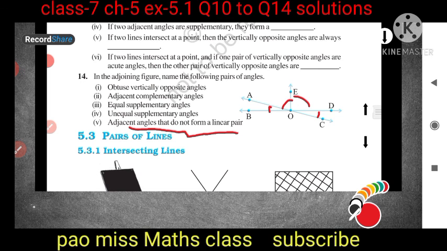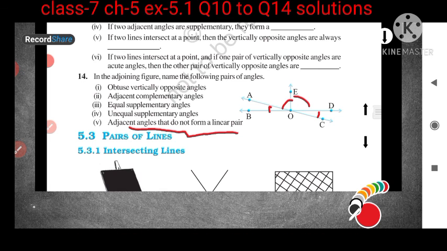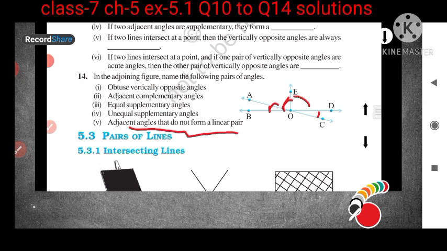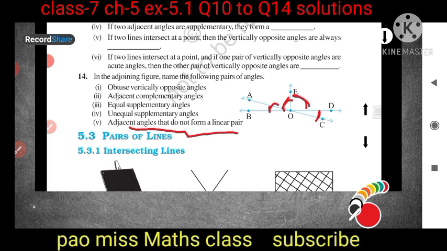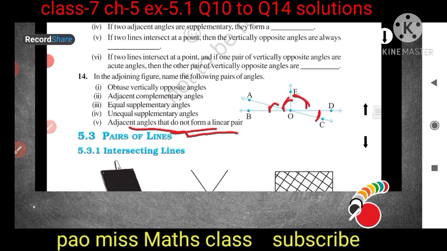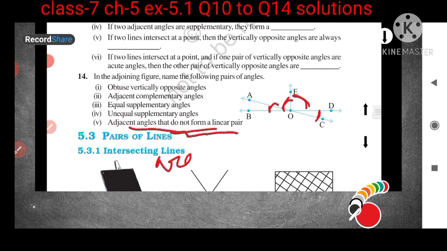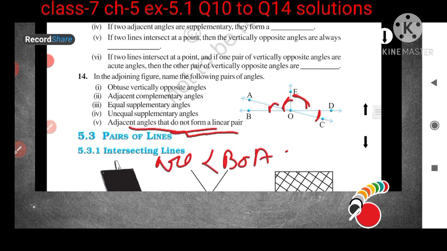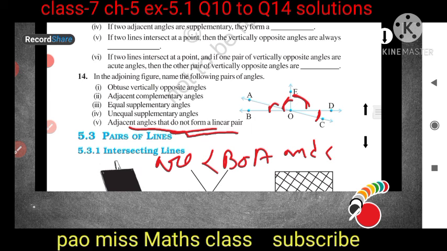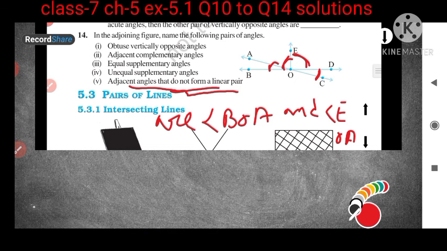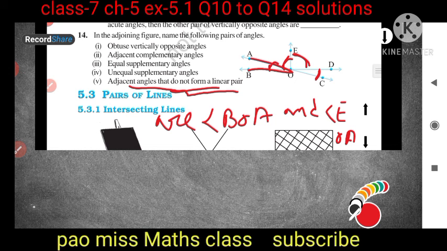So we can see so many pairs, isn't it? These two are also adjacent and not a linear pair, and these two also. Now you can write, so I will write some pairs. The adjacent angles that do not form a linear pair are angle BOA and angle EOA, isn't it?